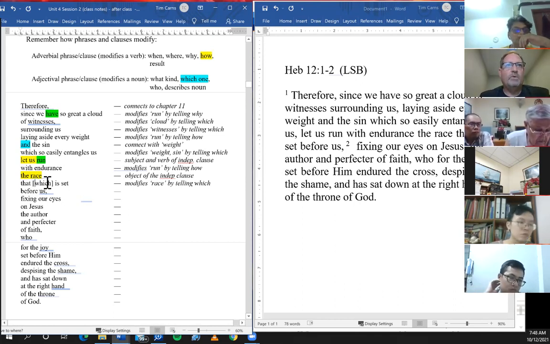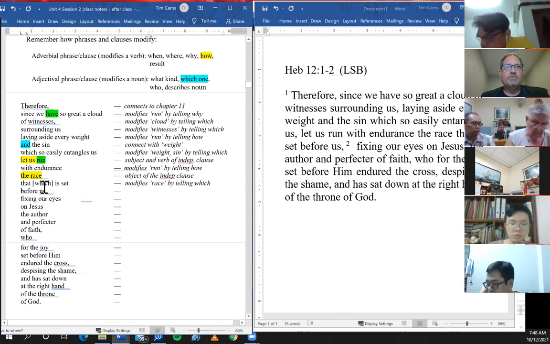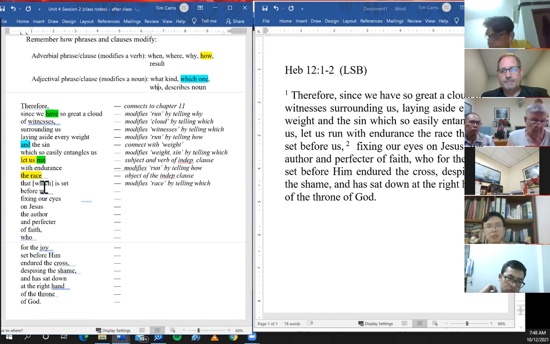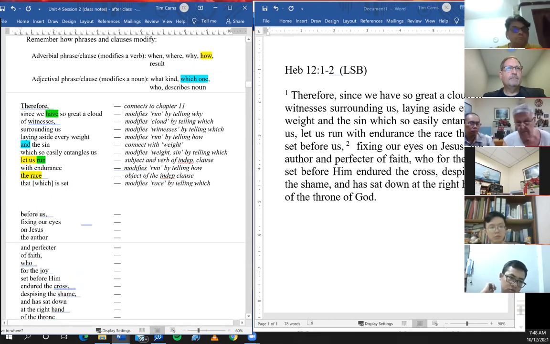So whenever you see which or who, for example, there's a who down here, right away you can know this is going to modify a noun. If it's which, it's going to modify a thing. If it's who, it's going to modify a person. In fact, let me just write that in.